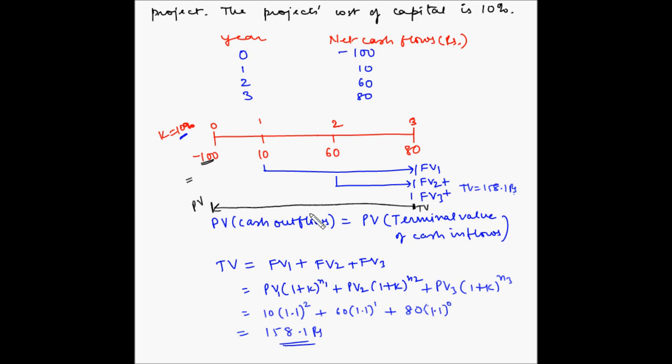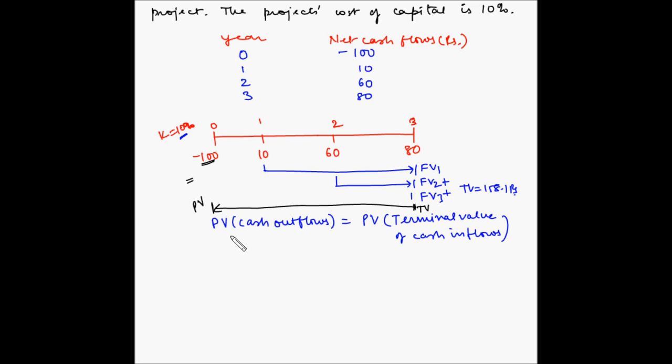So let's equate these two. Basically the present value of cash outflows is 100. So 100 is equal to the present value of the terminal value. Now we know that present value is equal to future value divided by (1 plus I) to the power n. Here the future value is the terminal value, which is 158.1, divided by (1 plus I).